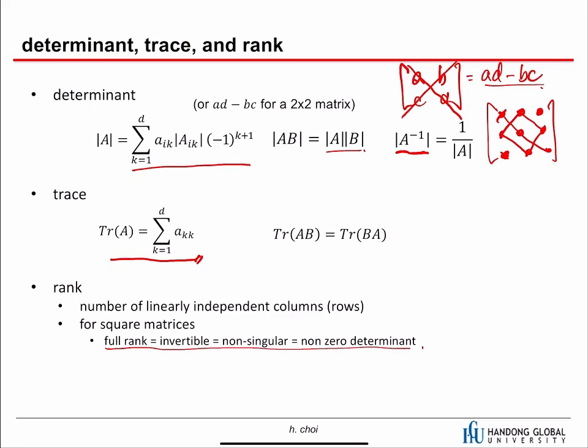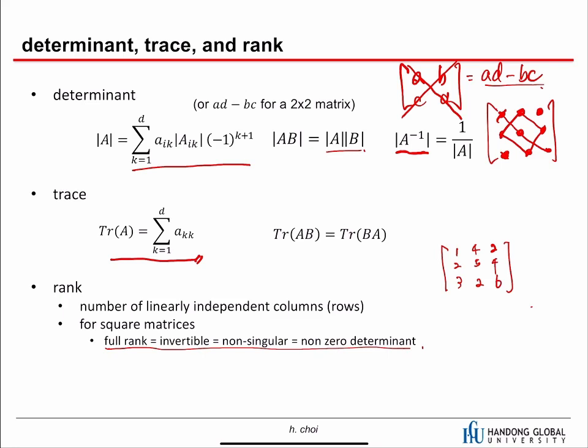Let me explain a little bit about these linearly independent columns. Let's say in a 3 by 3 matrix, 1, 2, 3, and 4, 5, 2, and 2, 4, 6.